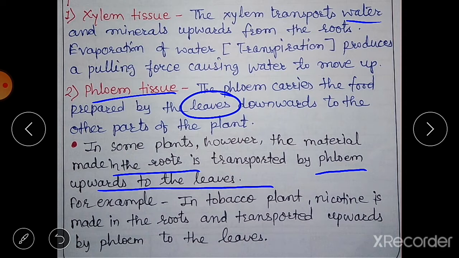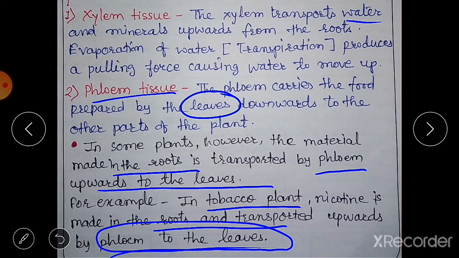For example, tobacco plants have nicotine in them, and this nicotine is made in the roots and then transported upward to the leaves by the phloem tissue. So this is an example of reverse transportation of food from roots to the leaves. This is an exception.